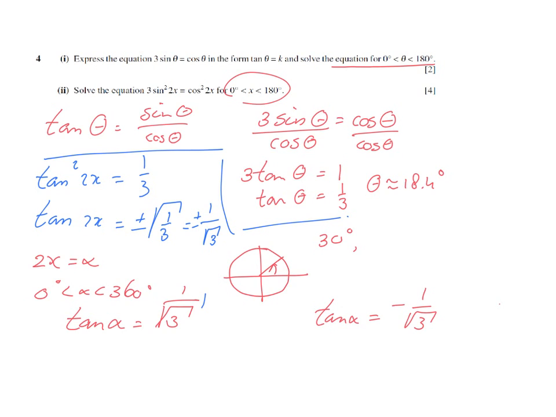But you have another solution where the tangent will have that particular value, which is on the other side. But your calculator does not give you that particular value. Now you need to find it. And that value is going to be 180 plus 30. So that will be 210 degrees. Good. So those are your two values for the positive 1 over the square root of 3.